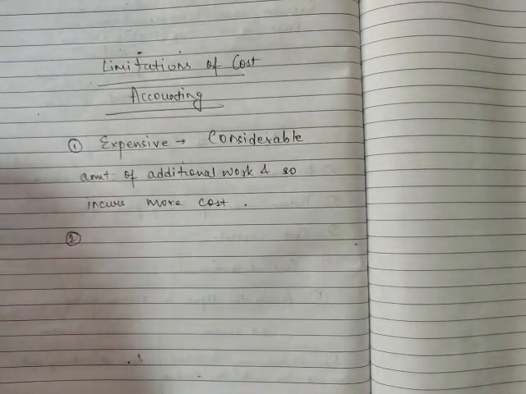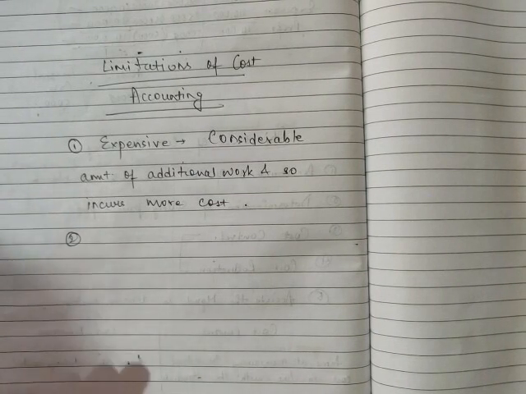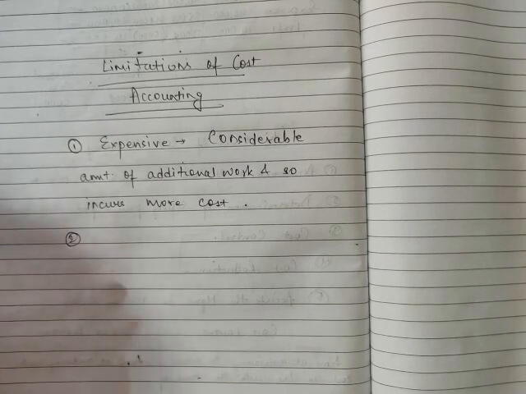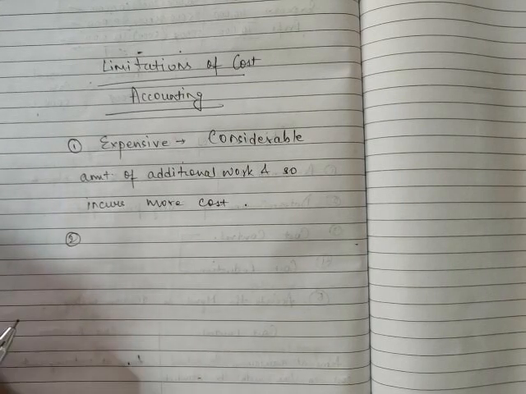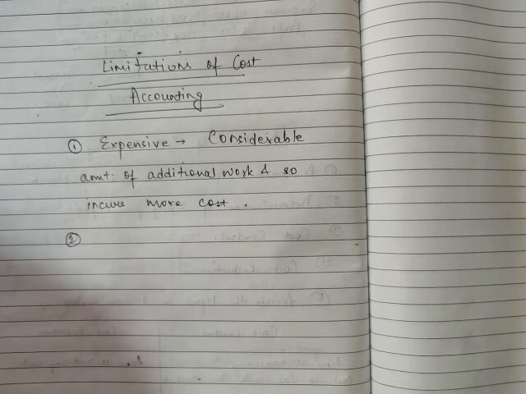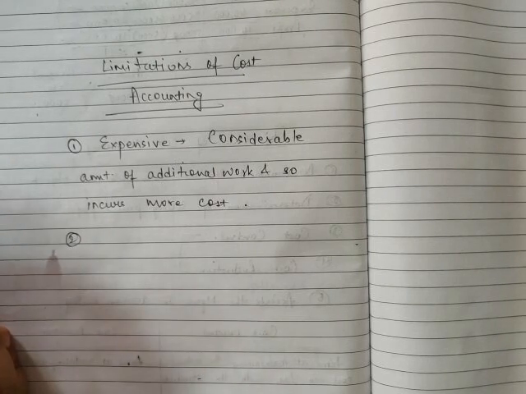Number two, now the cost profits as per cost accounting takes into account only the expenses like material costs, labor costs, other overheads such as administrative overheads, factory overheads, etc. Whereas the financial accounting involves costs such as depreciation, revaluation of inventory, etc., which is not considered in the cost accounting.